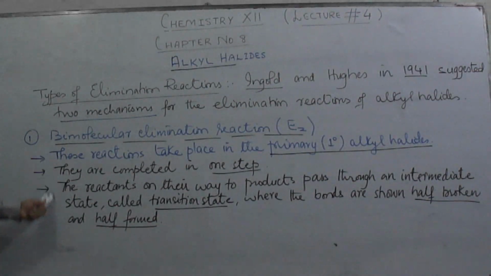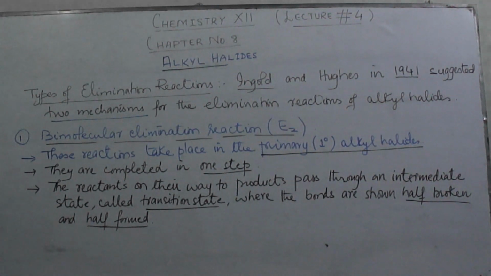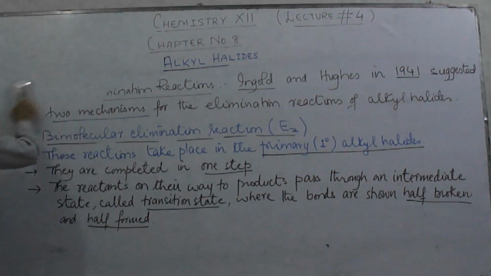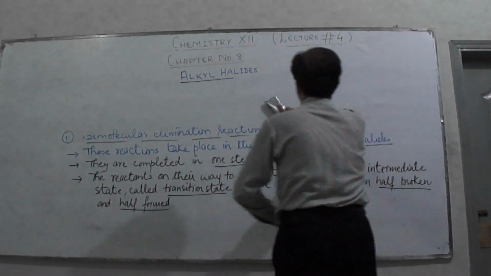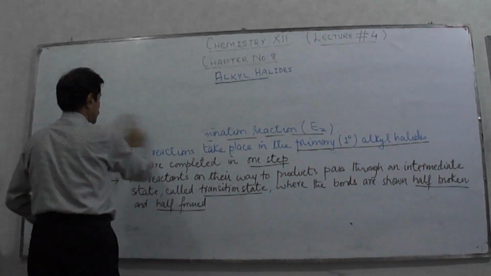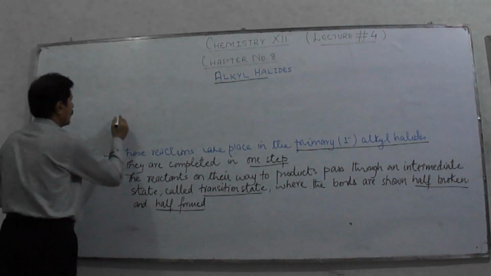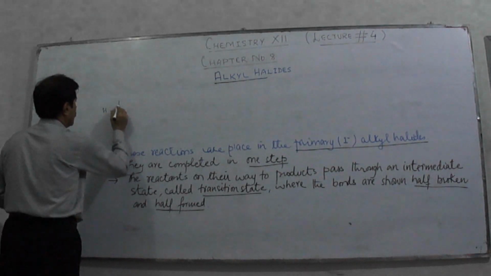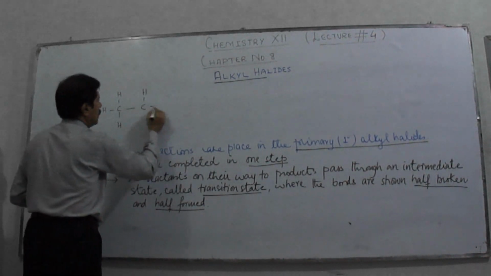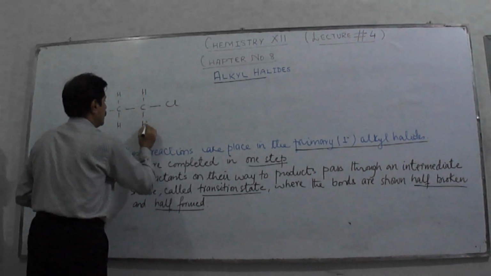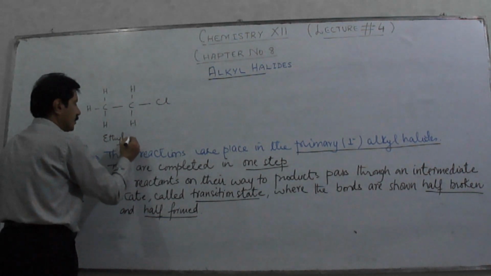So all 3 points which we are discussing here, we already discussed in the SN2 reactions as well. So I am going to write the mechanism of E2 reactions here. This is a simple alkyl halide called ethyl chloride.